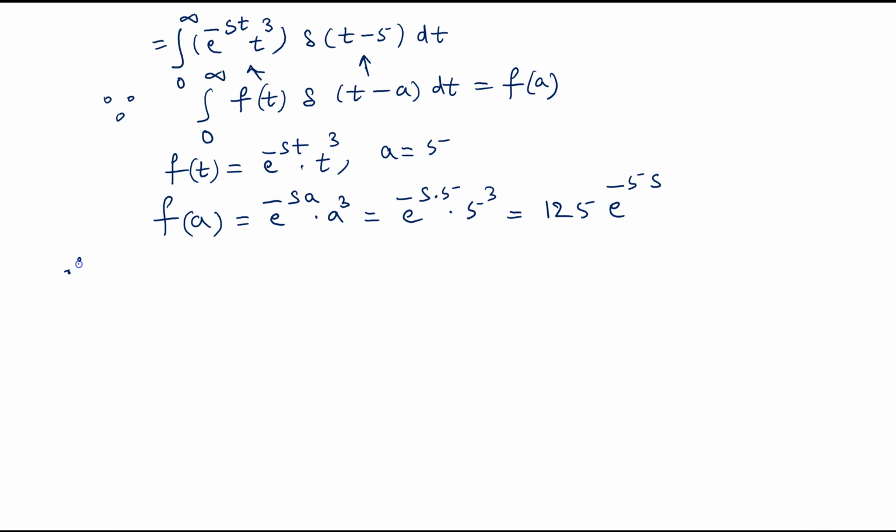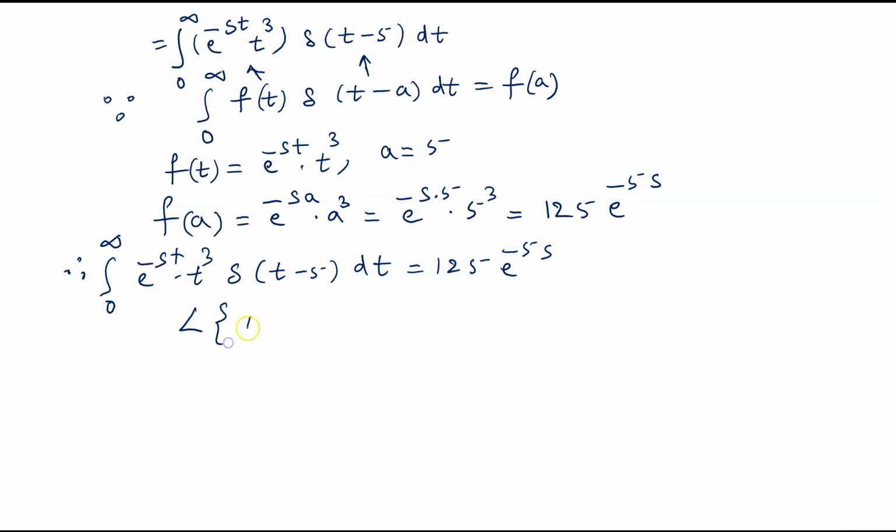Therefore, integral 0 to infinity e power minus st into t cube into delta of t minus 5 dt equals 125 into e power minus 5s. This is nothing but the Laplace transform of t cube delta of t minus 5, which is equal to 125 e power minus 5s.